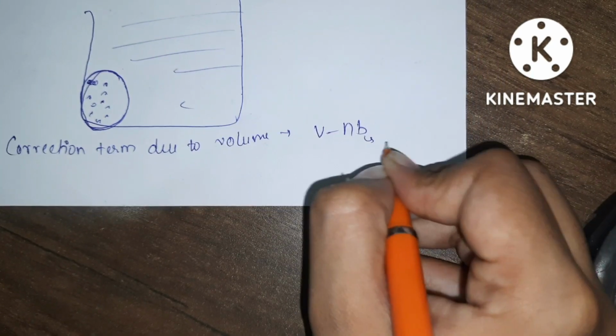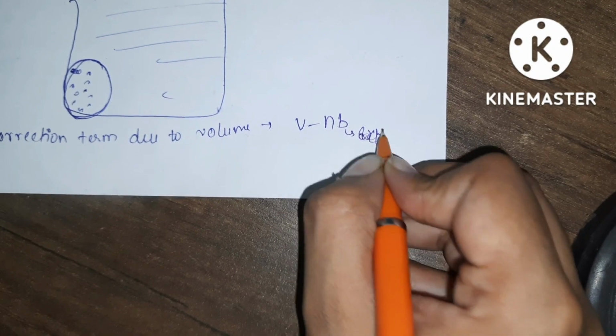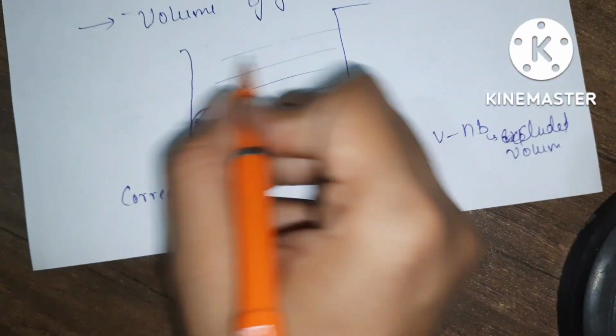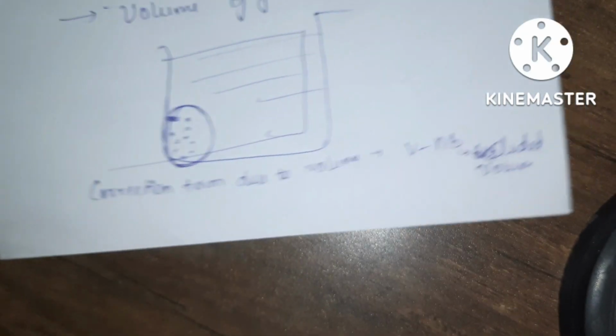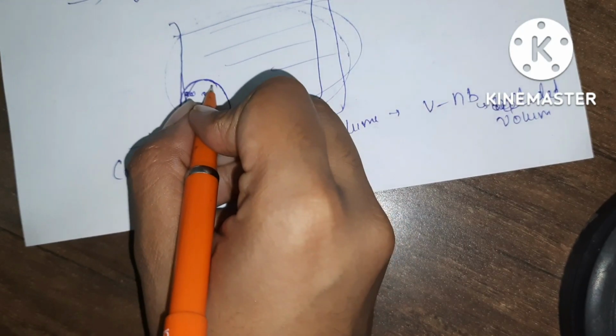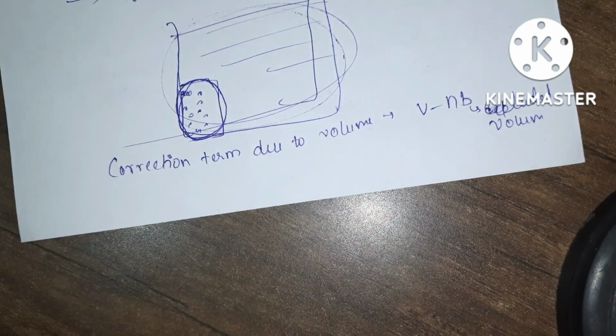This is somewhat like repulsive forces, or excluded volume, because suppose this is the whole volume of the container, and we are putting these gas molecules in some particular space.